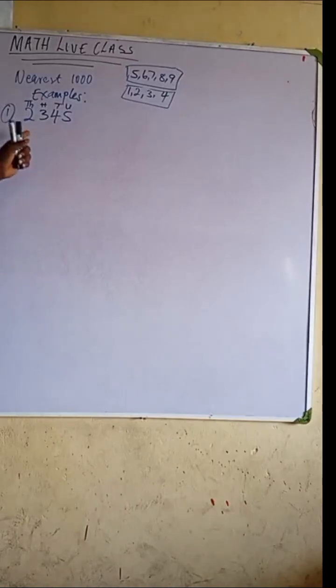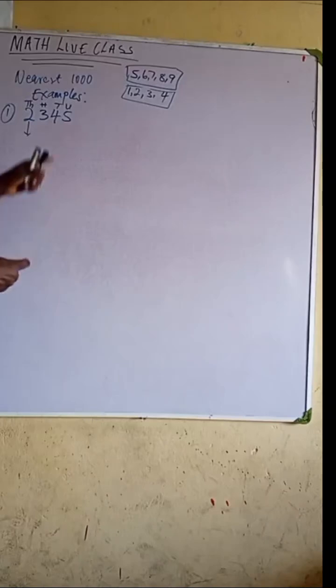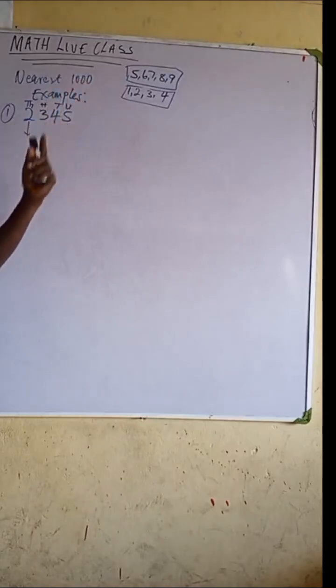For example, we are to round up to the nearest 1,000. Which number represents 1,000 here? 2. Which one are we supposed to consider? The next number to the right, which is what? 3. Now, is 3 up to a number you can round up to 1? No, because 3 is less than 5.